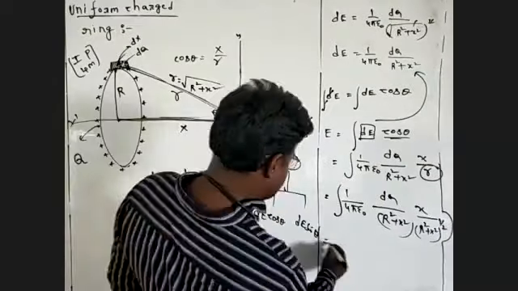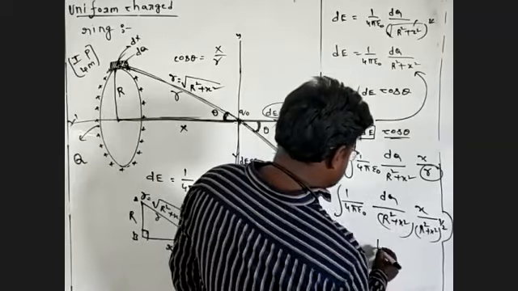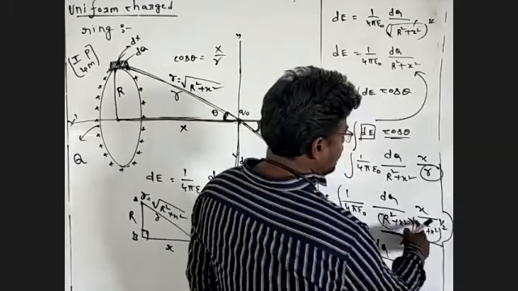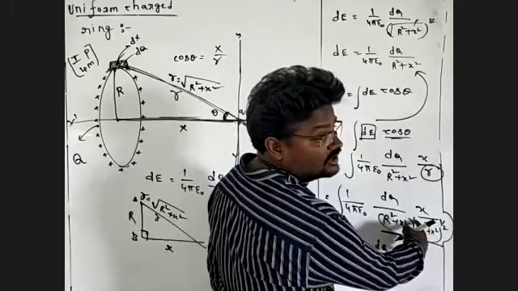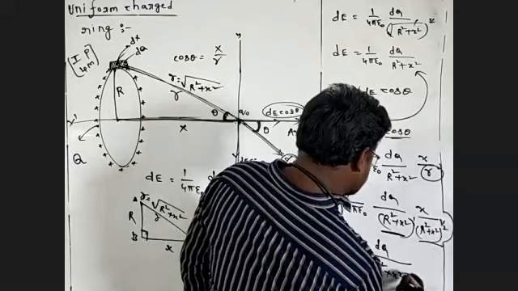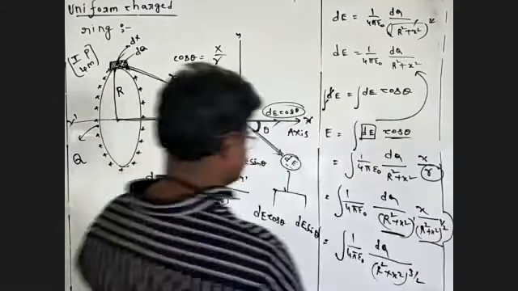Now you will see 1 by 4 pi epsilon naught, dq by the same base, with powers 1 plus 1 by 2. The base is the same, so we add the powers. r square plus x square, 1 plus 1 by 2 is 3 by 2.